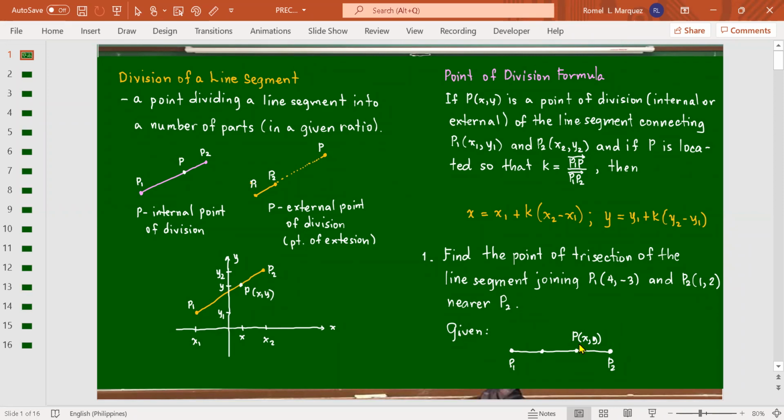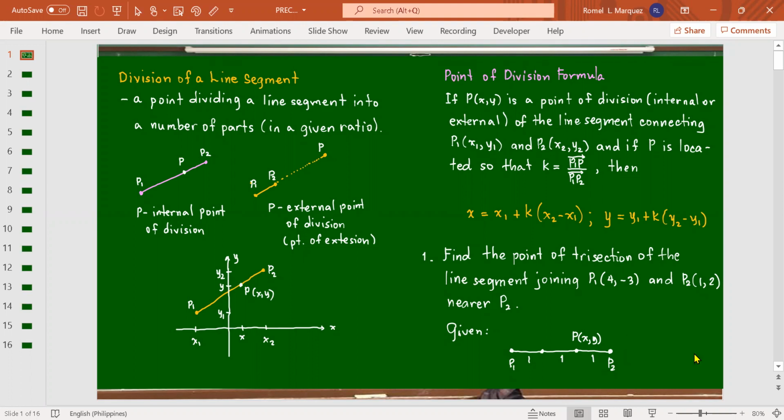Okay? So to get this P, we are going to consider each part 1 unit. So let's say this is 1 unit. You can assign any length. No? So the convenient one is 1. You can have 1/2 each. You can have 3 each part. You can have square root of 8. Whatever you want.